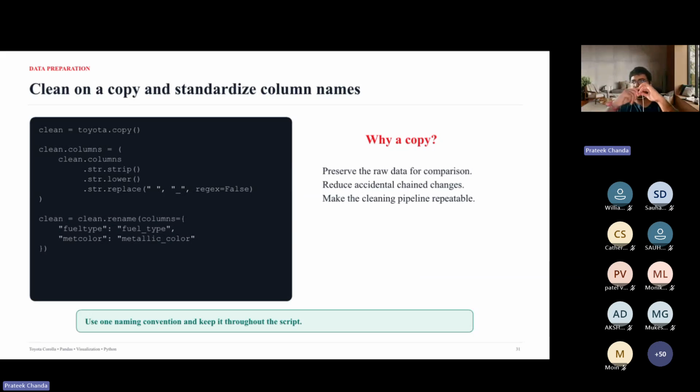So we use dot copy so that the raw data is preserved for comparison. You can also reduce accidental changes in the original data, and you can make the cleaning pipeline repeatable, so you can use the same cleaning pipeline without actually changing the original data.